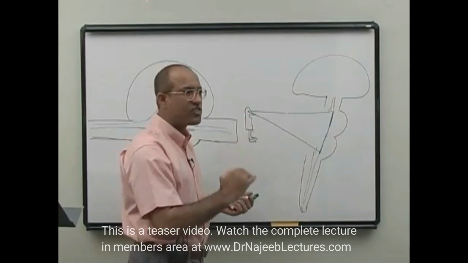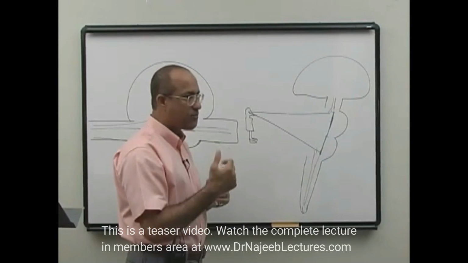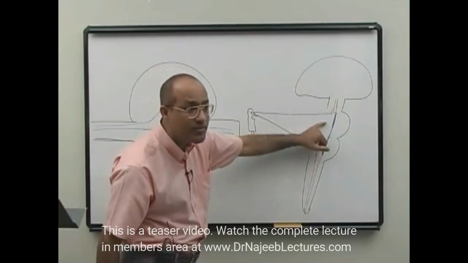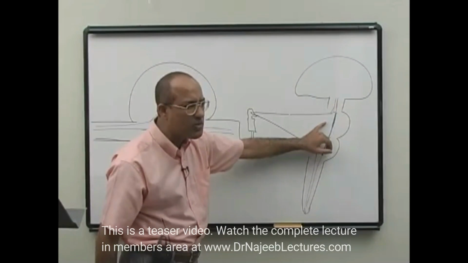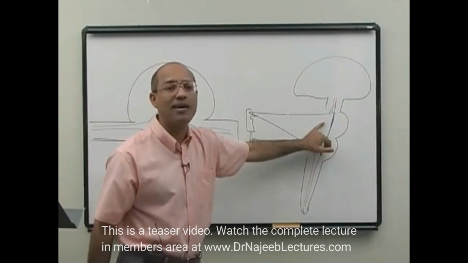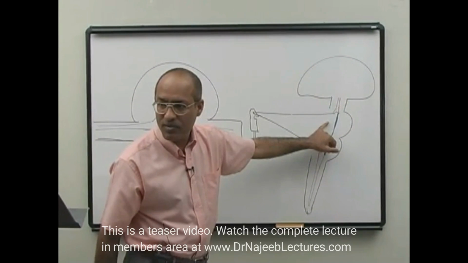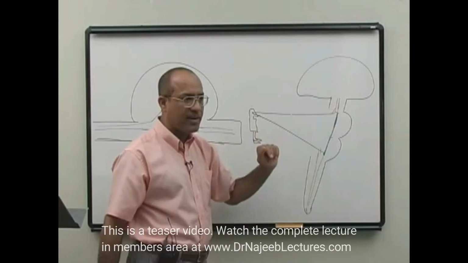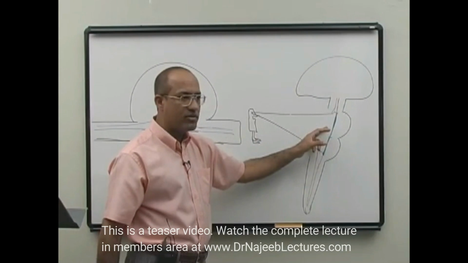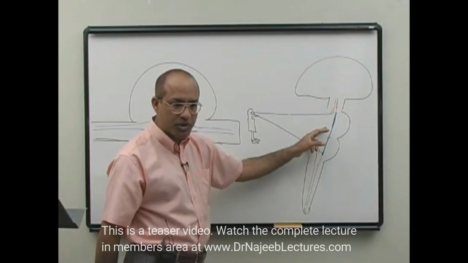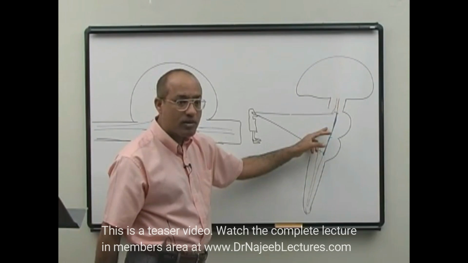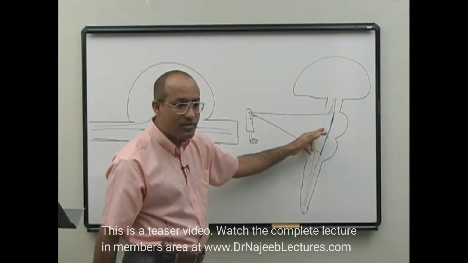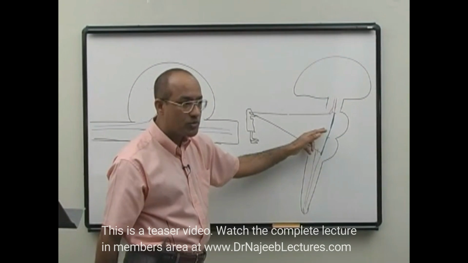So, if you remove other structures from the back of the pons, you will look at the floor of the fourth ventricle. But to be more accurate, the upper half of the floor. So we can say the posterior aspect of the pons contributes to the upper half of the floor of the fourth ventricle.